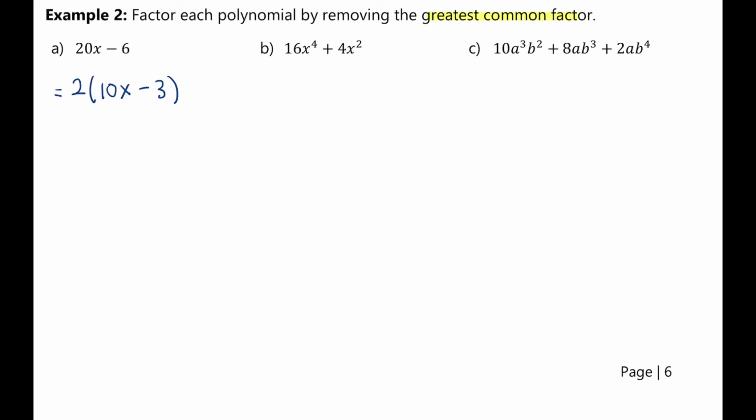Part B. I will first take a look at the coefficients and then the variable x. A common factor I can take out from these two terms would be 4. So let's rewrite the expression here. So if you divide the 4 out from each term, we get 4x to the power of 4 plus x squared.